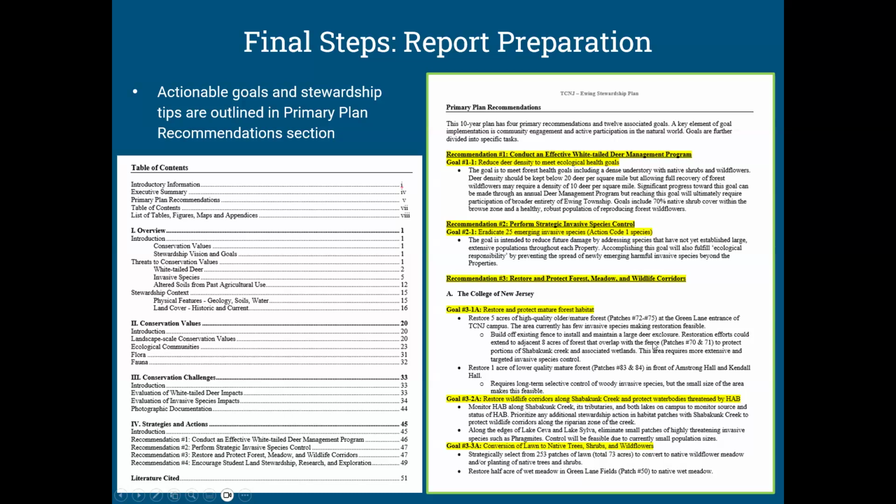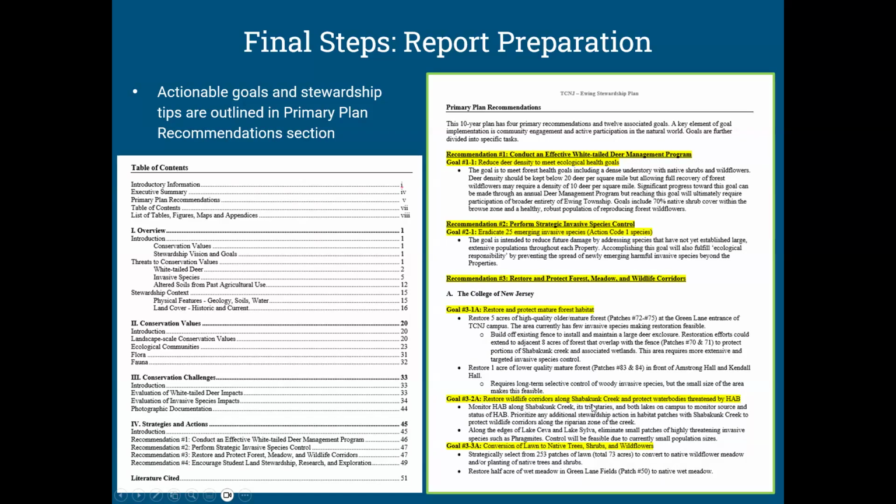There's an existing fence, make it larger. And then restore 1 acre, patch numbers 83 and 84. If you're not this specific, it's easy for things to get lost over time and lose focus. So this is really specific about where to do things.